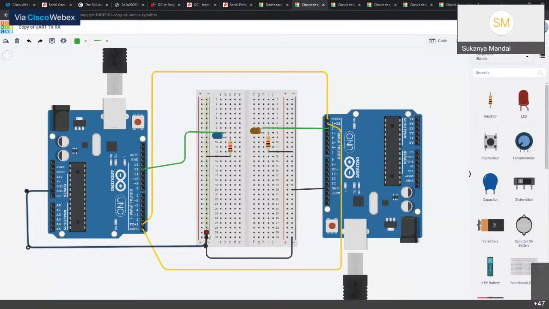If you're familiar with breadboards, in breadboards, this line carries the same signal, and this line carries the same. So plus and minus, and this side is carrying the positive signal. On this side also, it's plus and minus.